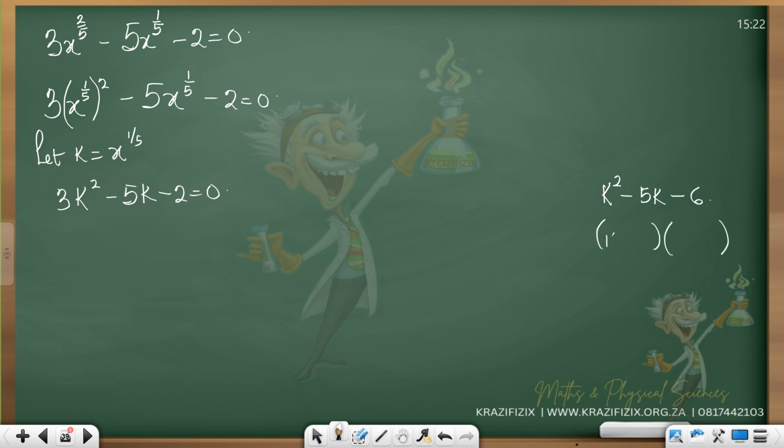I'm sure you know this by now, right? No, it can't be 2, it has to be 6 and 1. Yeah, 1 minus 6 is negative 5. Remember, we multiplied by 3, so we divide by 3. So this becomes 3k plus 1, and this becomes k minus 2.